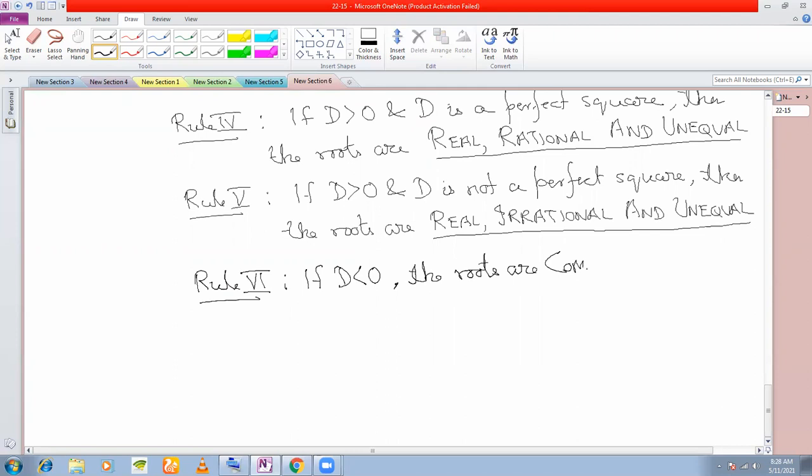Now, what are complex roots? I've discussed this in the video yesterday also, right? I'll discuss complex numbers in detail later on. But for the time being, just know whatever I've mentioned in the video about what we mean by complex roots. So these are what the rules are.